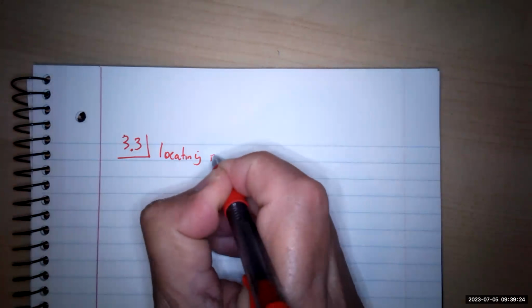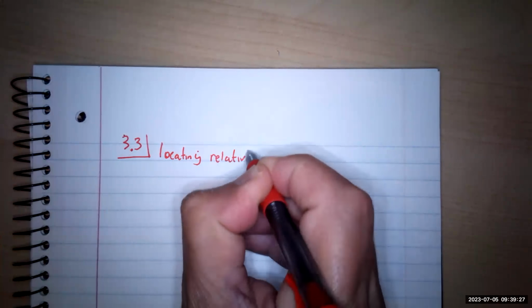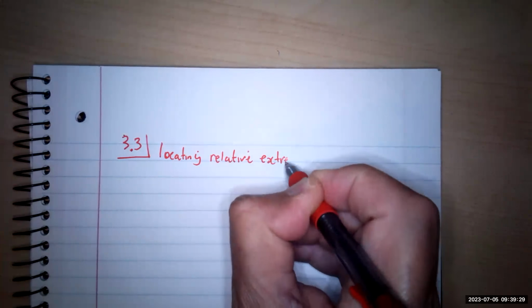But in this section, 3.3, we start talking about locating relative maximum and relative minimum, the relative extrema, or local extrema.